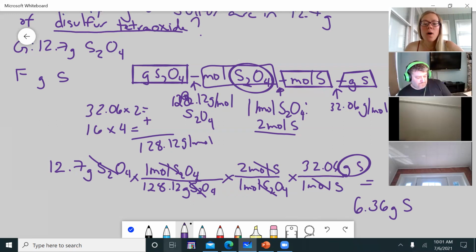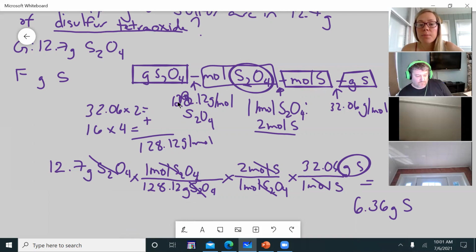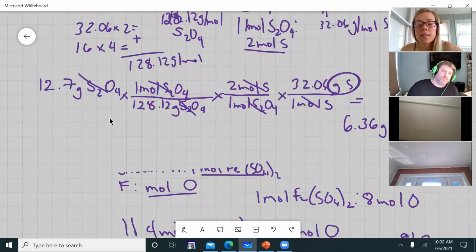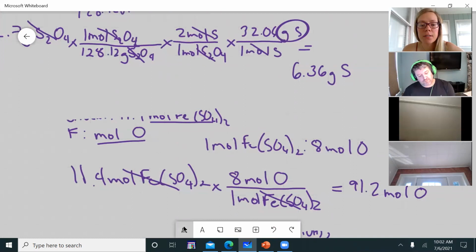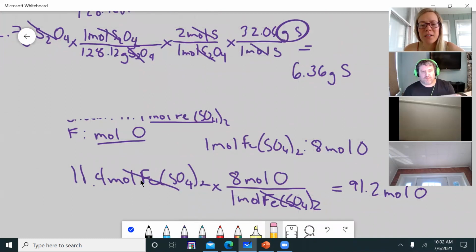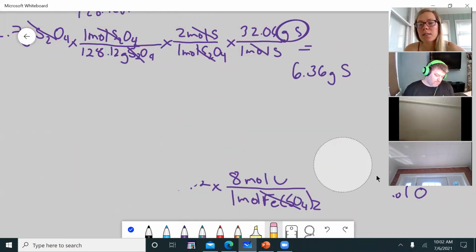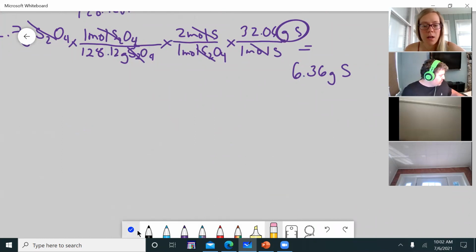Okay. So I'm going to have you work on one of these problems on your own. Same setup, different compounds, and I'll give you about 5 minutes for it because I'm going to have you do a little nomenclature with it as well.